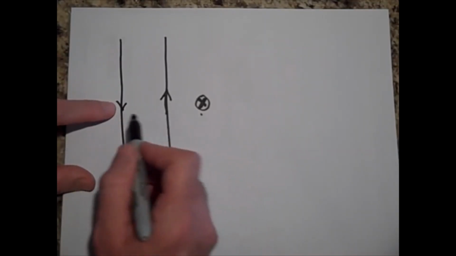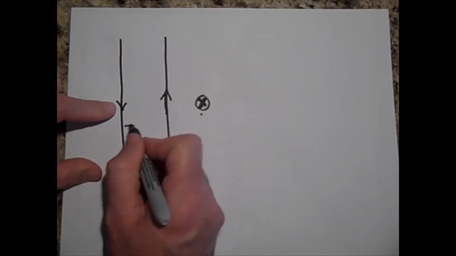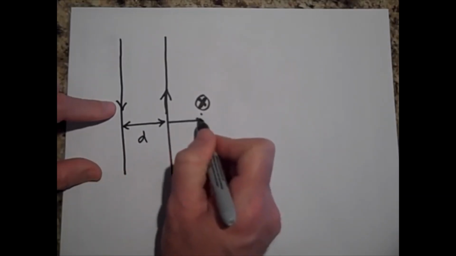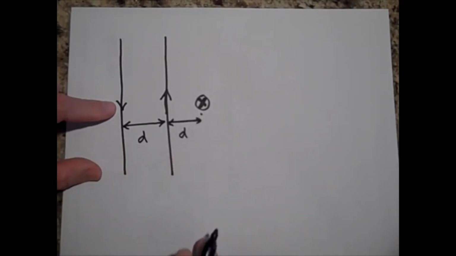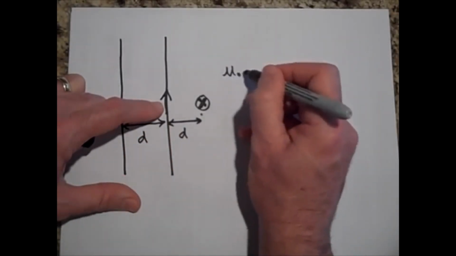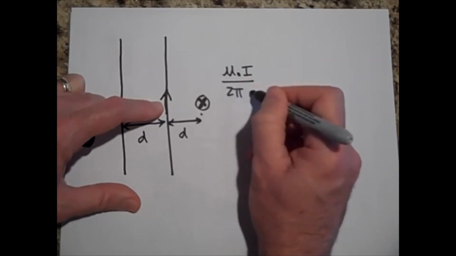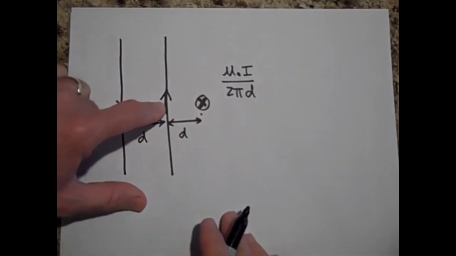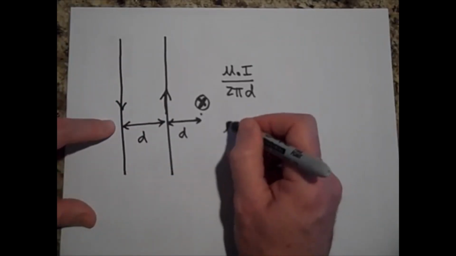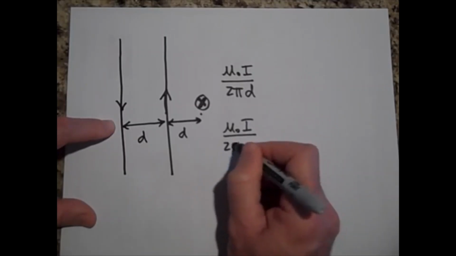I've drawn this so it looks like it's twice as far away, so let's just say it is. Let's say that the distance between these two is d, and then this is another d out to there. Well, the field from this one is going to be mu naught I over 2 pi d, whereas the field from the further wire is going to be mu naught I all over 2 pi times 2d, if they have the same current.